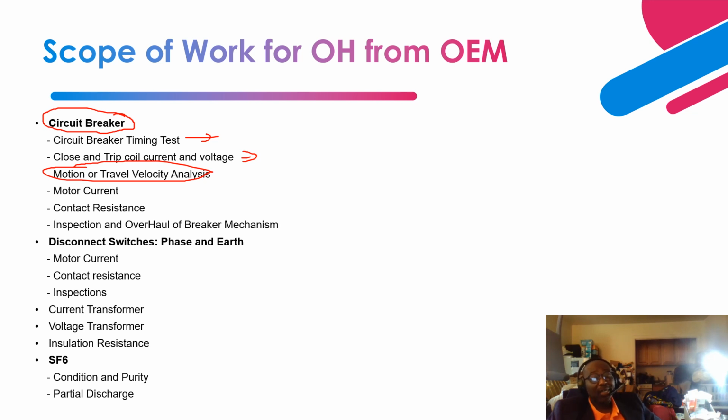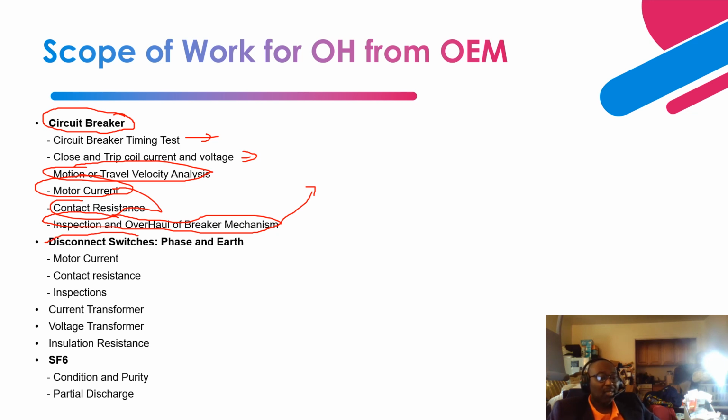Then also the breaker mechanism, the motor current and contact resistance, and in addition, an overall contact resistance performed for the whole circuit of the GIS. Then inspection and overhaul of the breaker mechanism. That's very important, because the mechanical breaker mechanism is what operates the breaker. So that itself requires an inspection and overhaul based on the cyclometer reading.